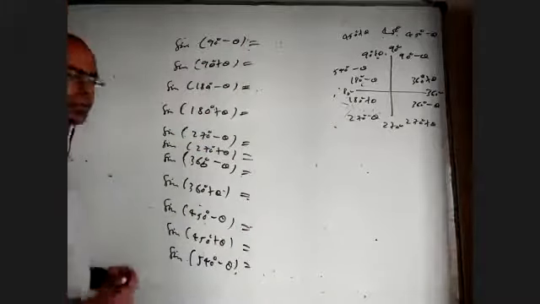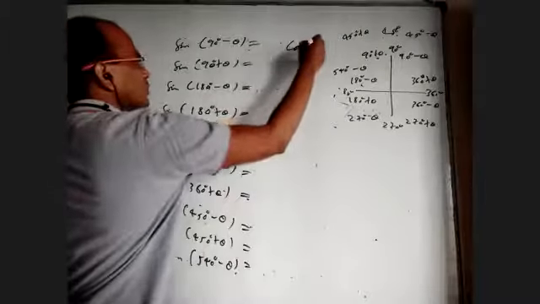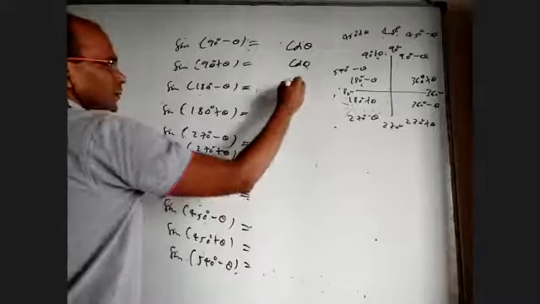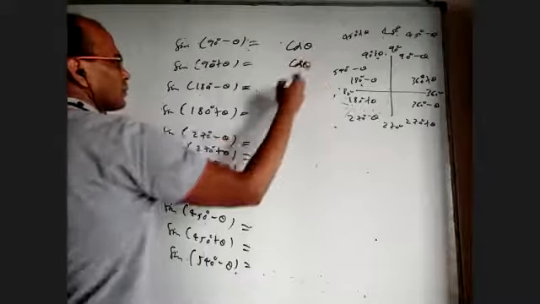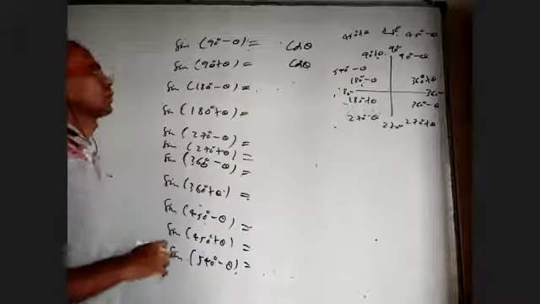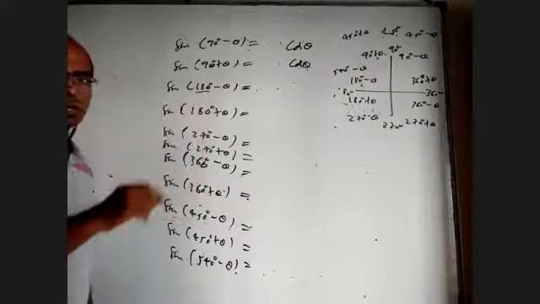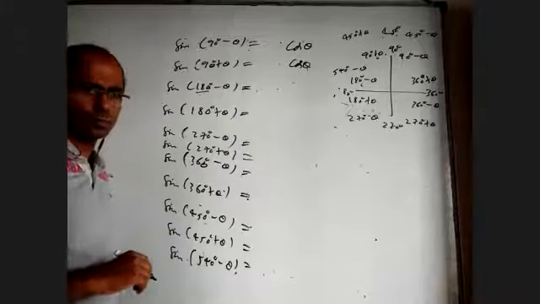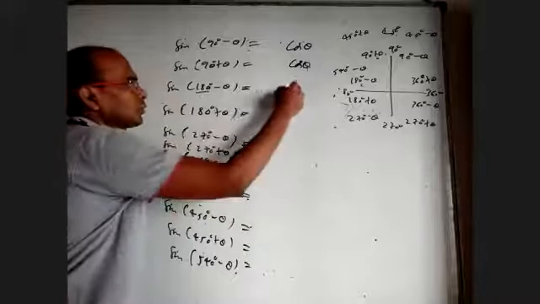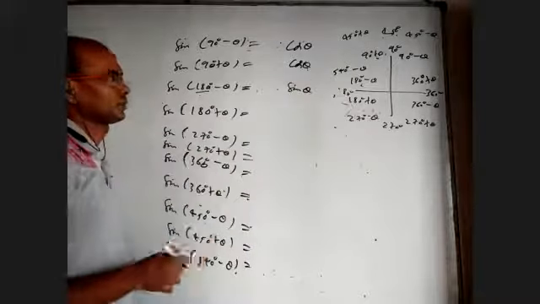Cos theta, sir. First one is cos theta. Next one, cos theta. Next one, sin 180 minus theta. 180 is even multiple of 90 or odd multiple of 90? Even multiple, sir. So for even multiple, the trigonometric function sin remains. Sin theta. What about here?